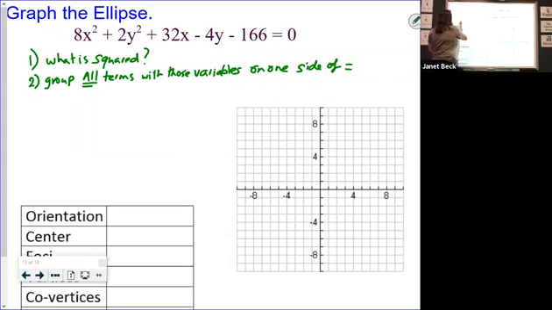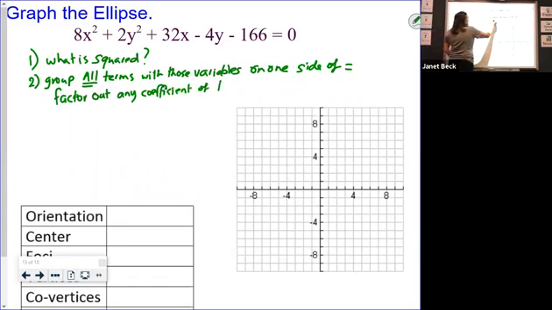And as you're doing it, factor out any, if there is one, there might not be, any coefficient of the squared term.